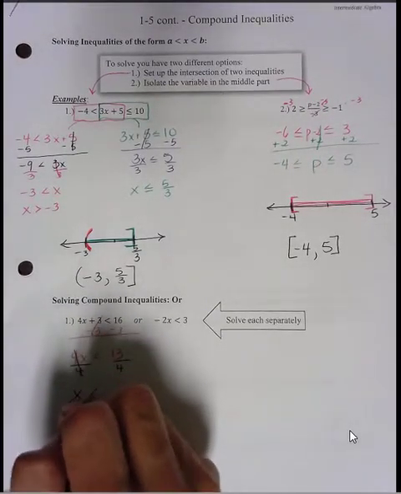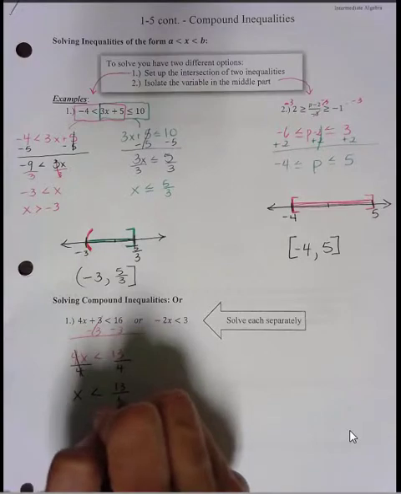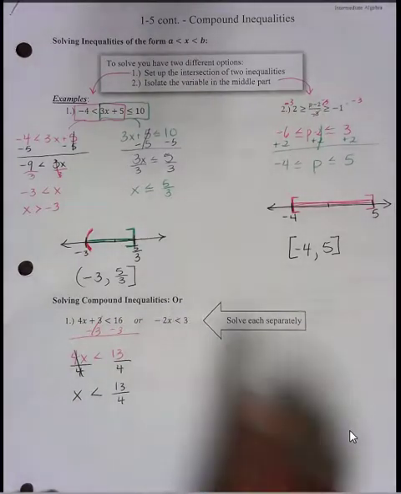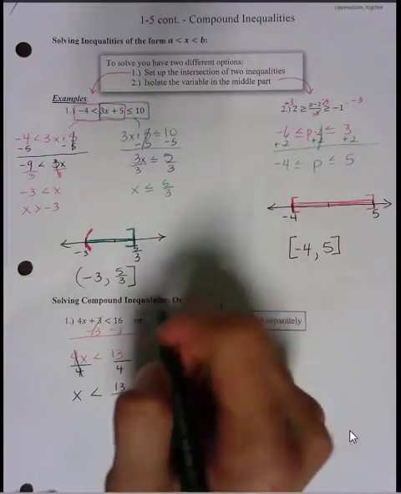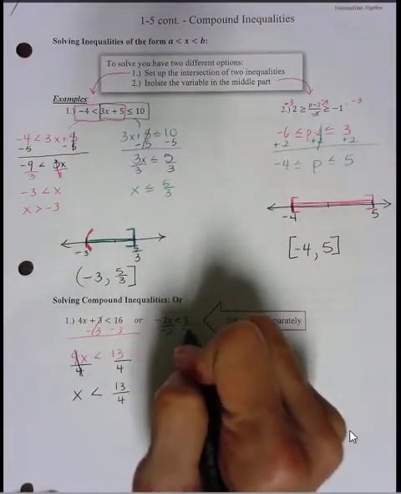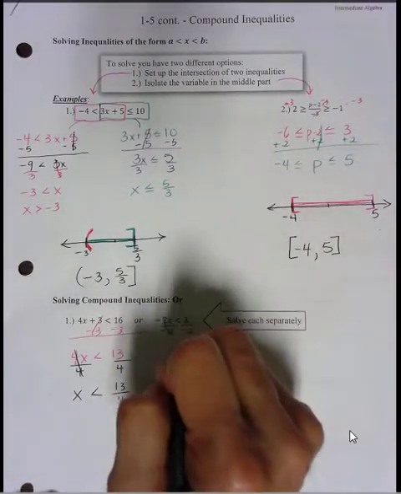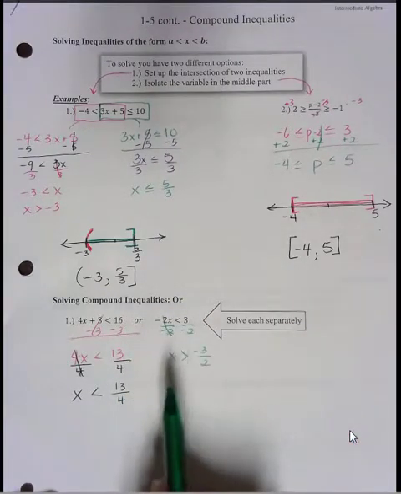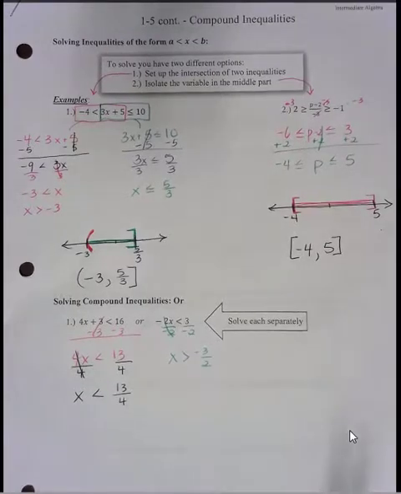So x is less than 13/4. Okay. And then on this side, we'll go ahead and divide by negative 2. Again, when we divide by a negative, we're going to flip that inequality. And so on this side, I have x is greater than negative 3/2.